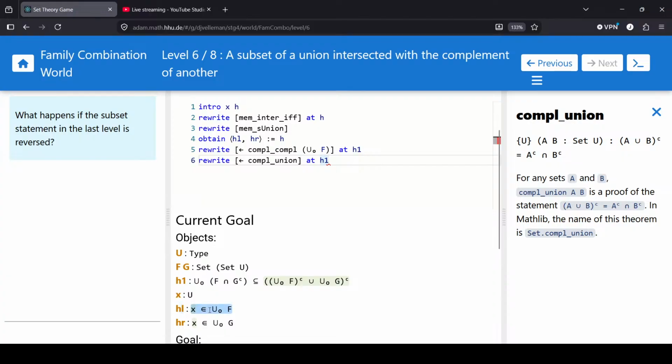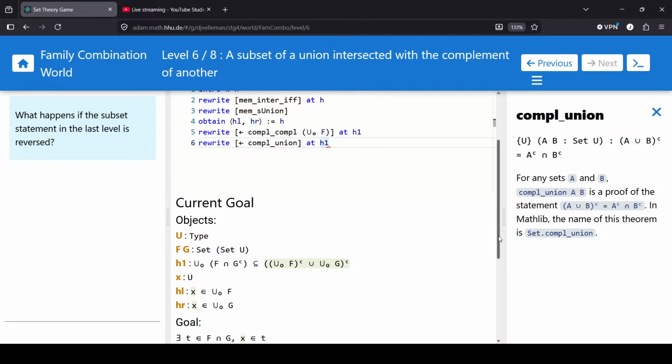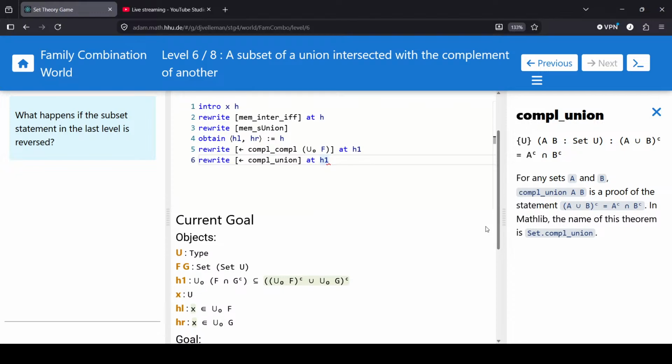So yeah, this does not imply this, as far as I can tell. And neither does this.